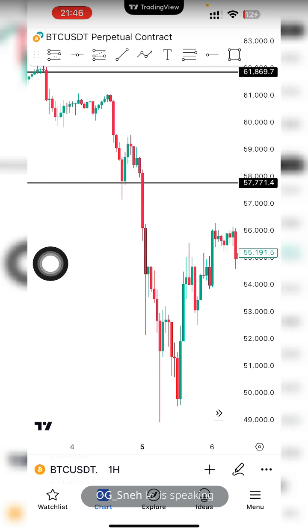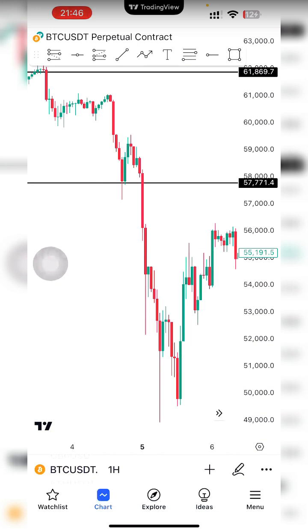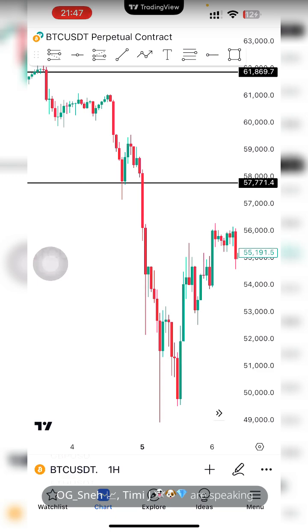So there will be an aggressive, or what? Impulsive move. So what are the two hints? Number one hint is order block. Number two hint is an aggressive or impulsive move.